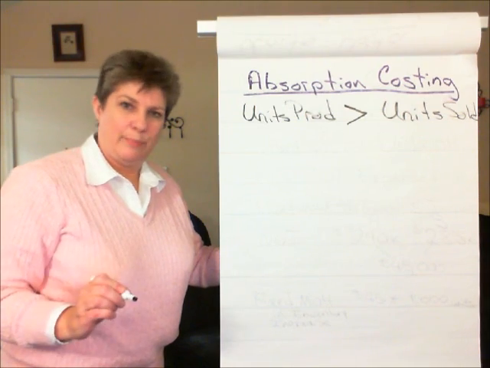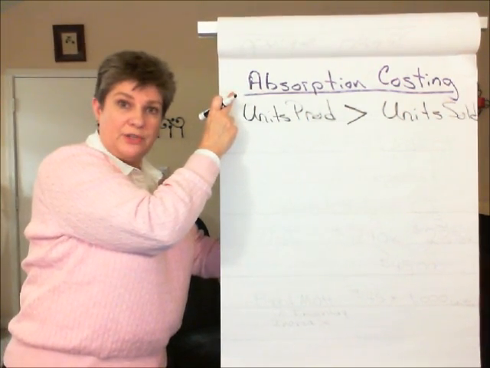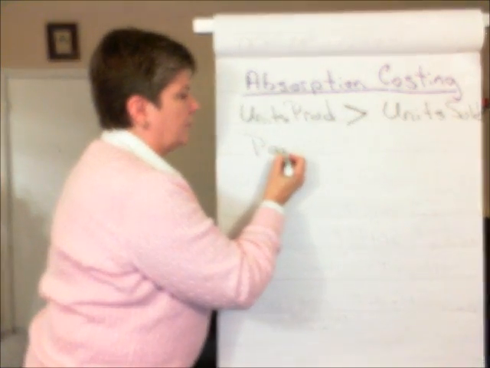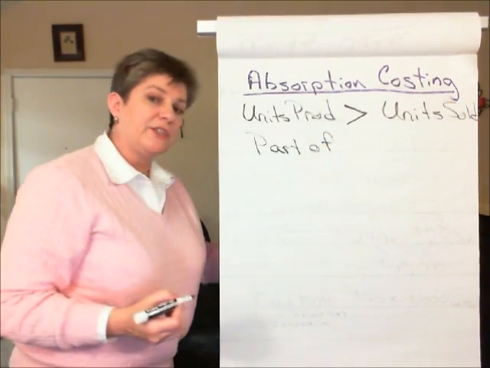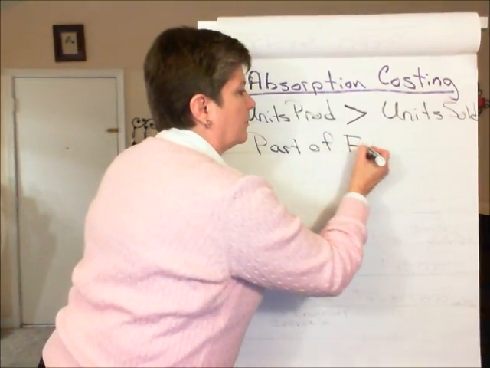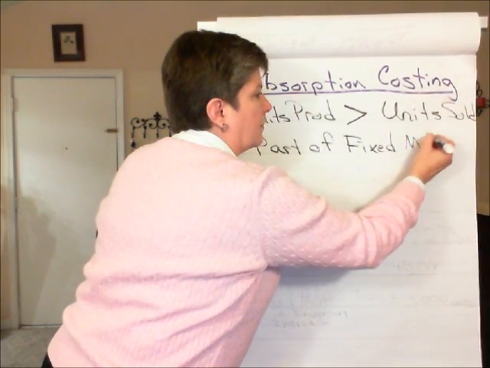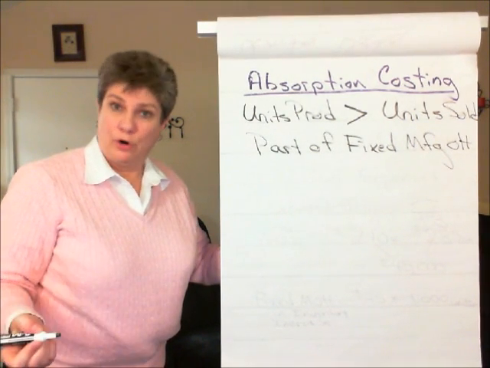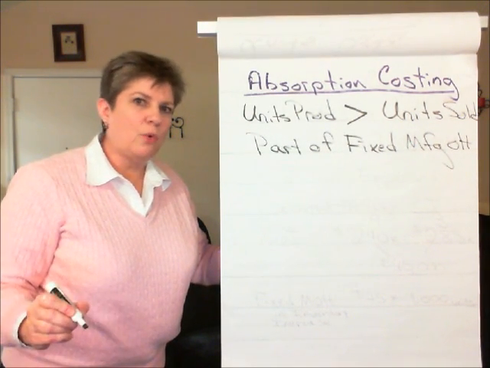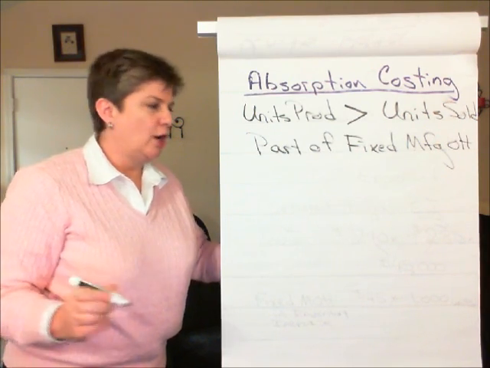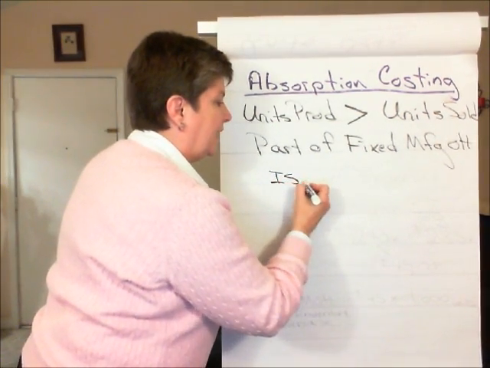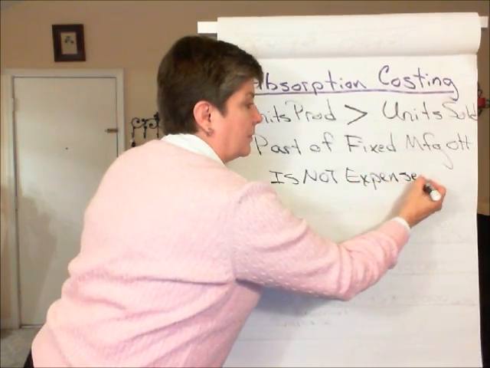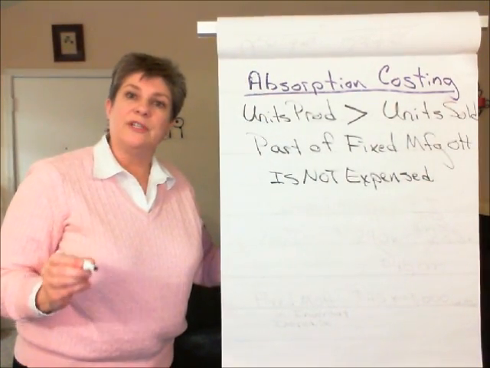Now, when that happens, and we're using absorption costing for assigning cost to the product, part of the fixed manufacturing overhead is what we call deferred to inventory. In other words, part of that fixed manufacturing overhead is not expensed in the period in which the cost is incurred.